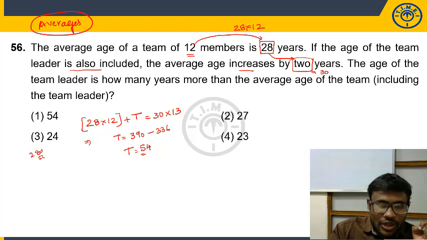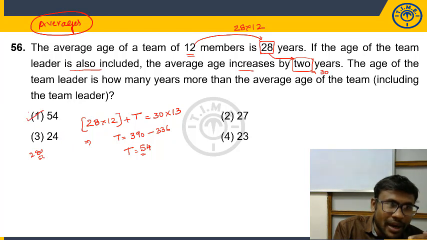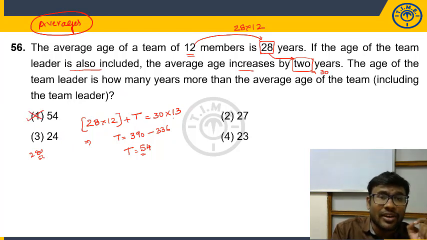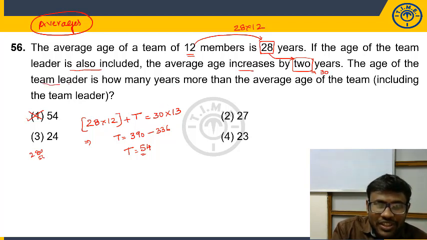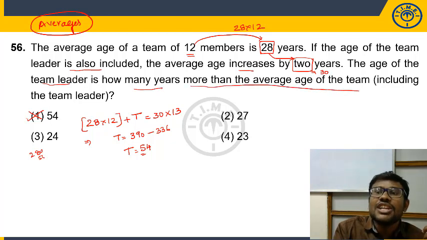We have a tendency that after calculating the variable, we just see the options. Here the first option is the answer, and we get tempted to put option number 1, but that is not the answer. Why? Because he is not asking to calculate the age of the team leader. He is asking that the age of the team leader is how many years more than the average of the team.